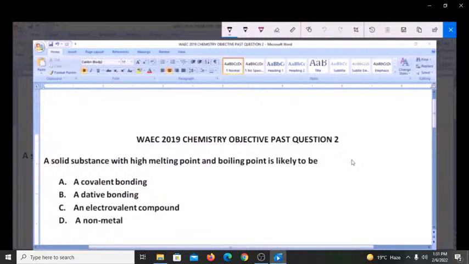Option A is a covalent bond. Now, a covalent bond is basically a kind of chemical bond that involves sharing of electron pairs between atoms.